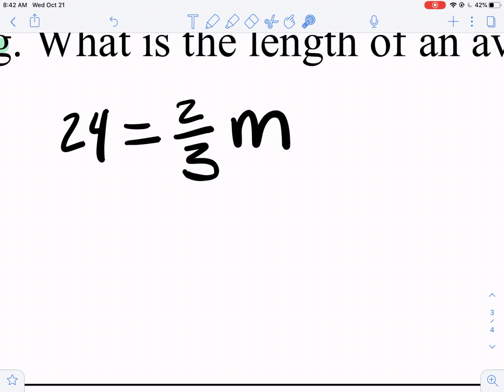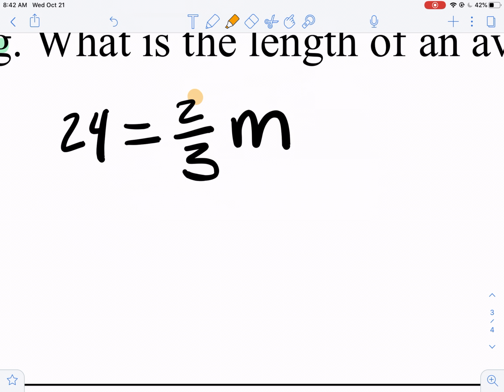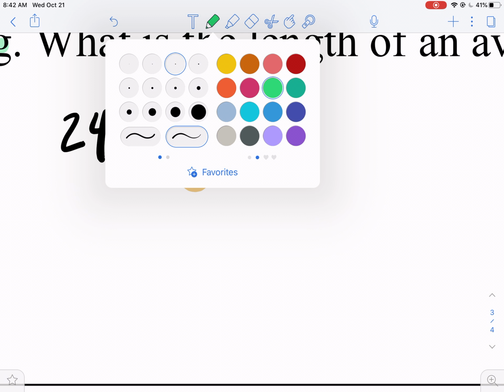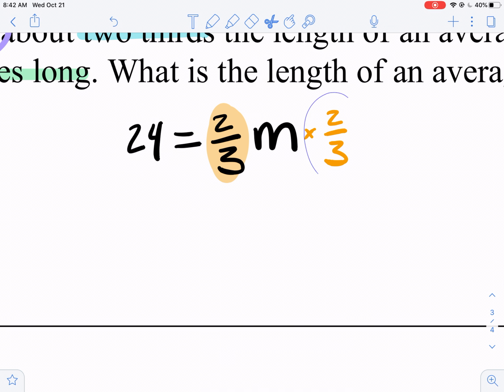So let's undo what's happening to the m. What's happening to our m? Well, it's got 2/3 times m. So we want to multiply times 2/3 to get rid of it. But remember, according to the multiplication property of equality, you need to multiply times 2/3 on both sides.